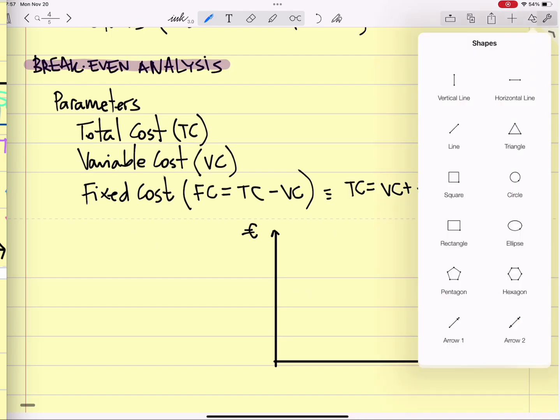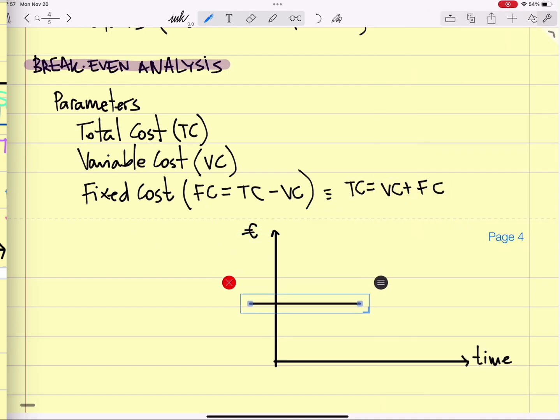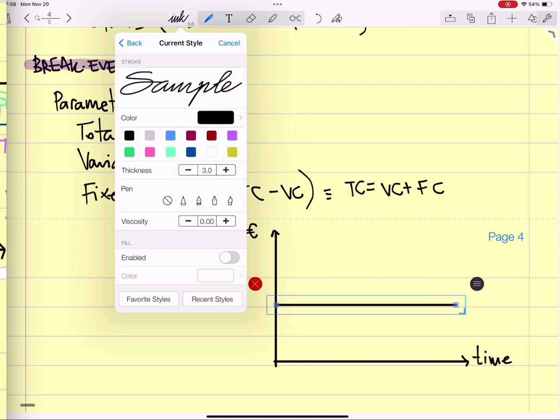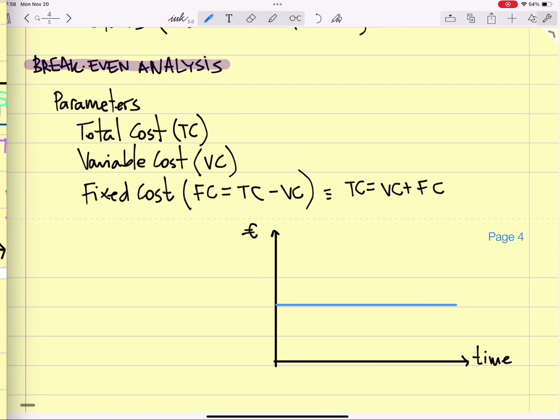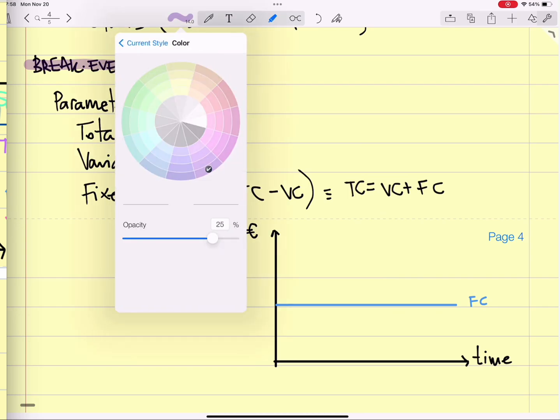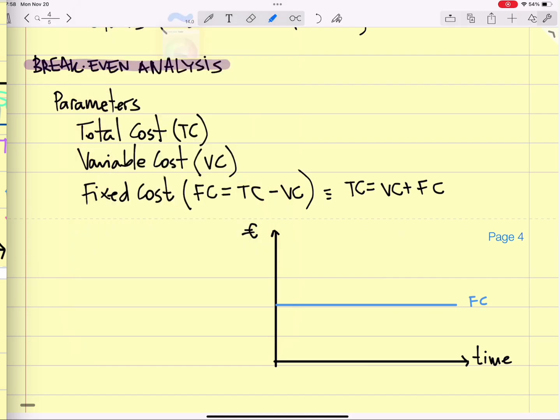The fixed cost, say this is the blue one, and this we call fixed cost, in blue. You cool?